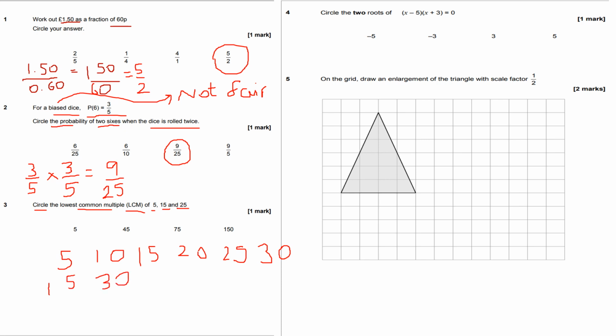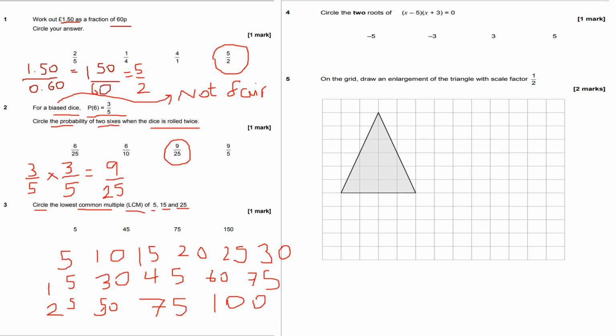I can stop there because I've got 30 twice. The next one, I've got 25, so I might have to go a bit further: 25, 50, 75, and 100. We'll go a bit further for that one. We'll do 45 for this one, then 60, and then 75.